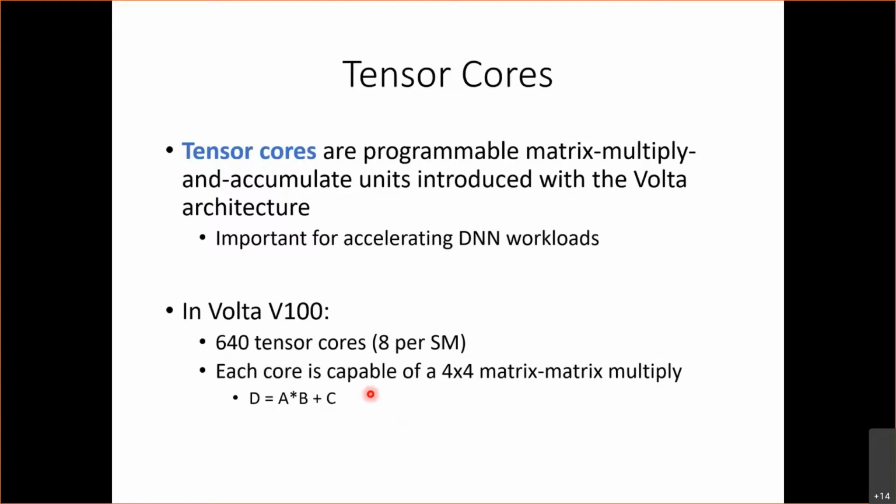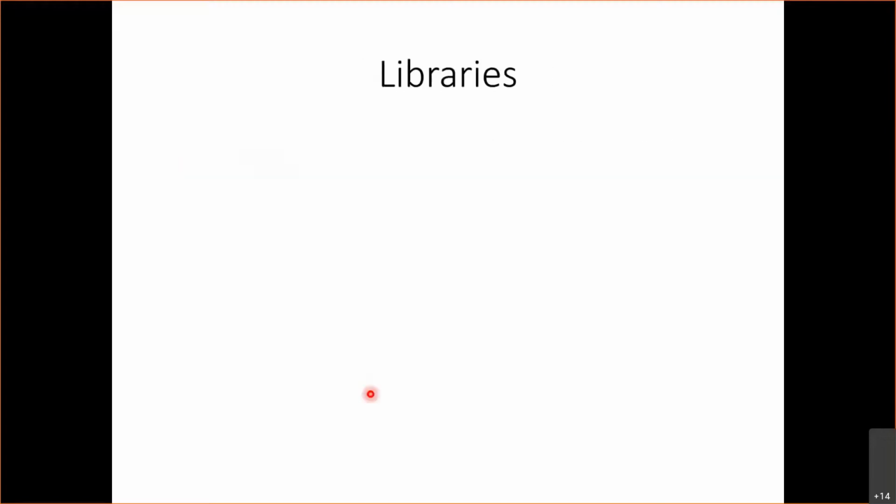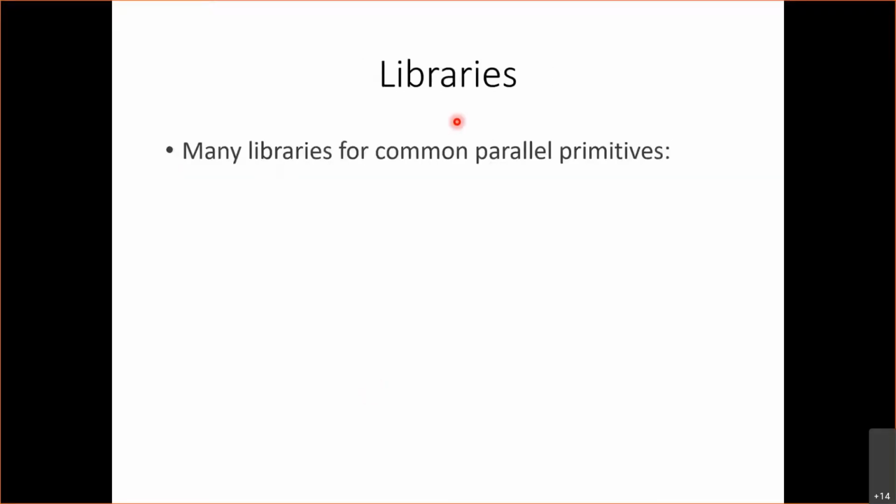Okay. The next topic we didn't get a chance to talk about is libraries. There are many libraries that are part of CUDA or that are popularly used with CUDA that have common parallel primitives. A lot of the primitives that we actually use in the course are provided in libraries. For example, there's a library called Thrust that contains primitives like reduction, scan, filter, and sort.